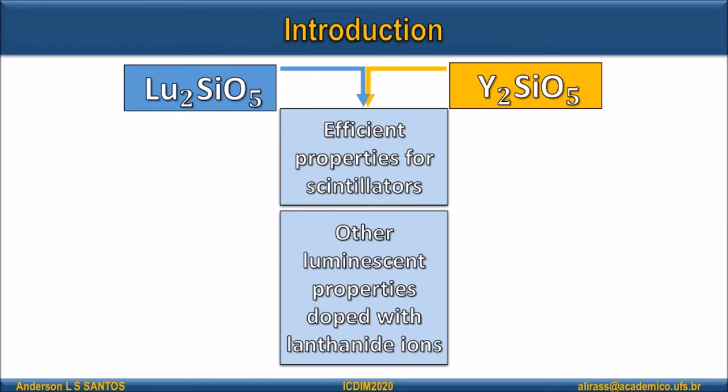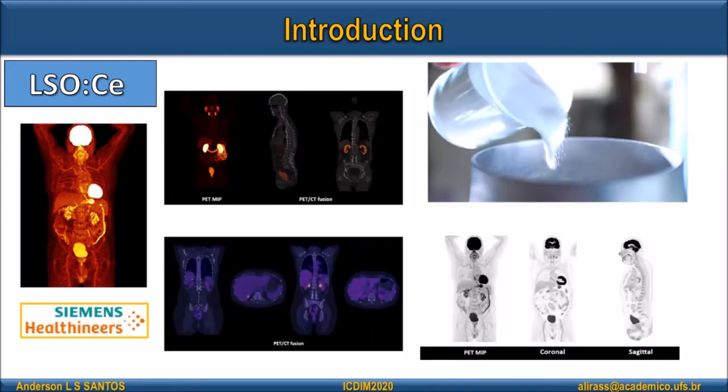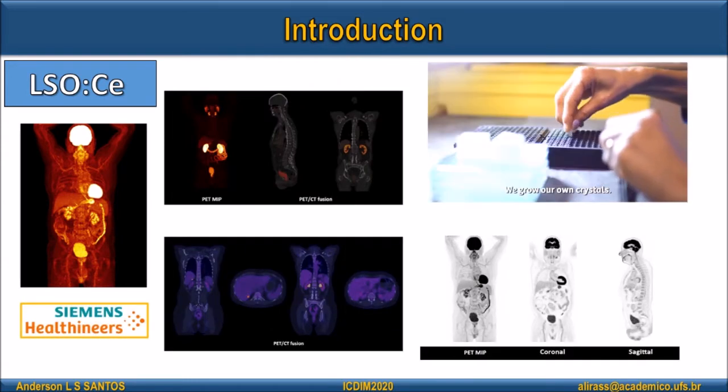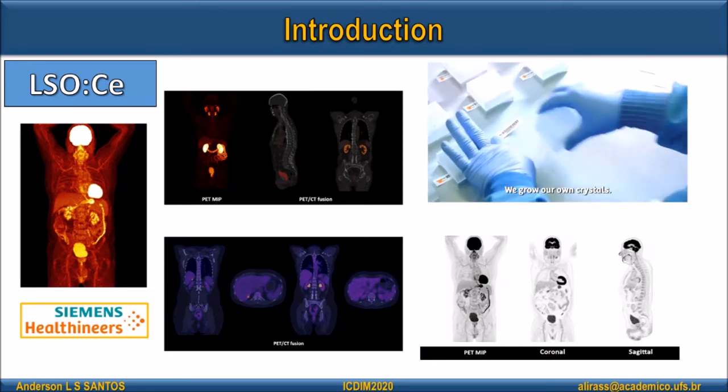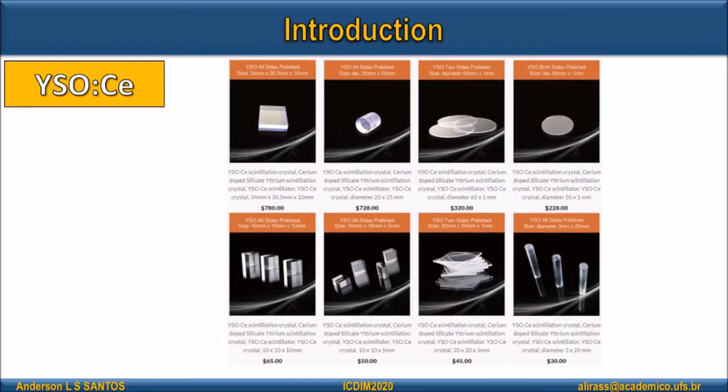Lutetium silicate has industrial application in the manufacturing of medical imaging equipment such as tomography equipment. And yttrium silicate, in addition to its properties, appears as an option with low financial cost for the production of scintillators.